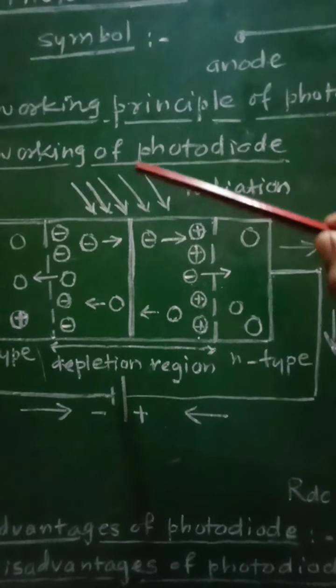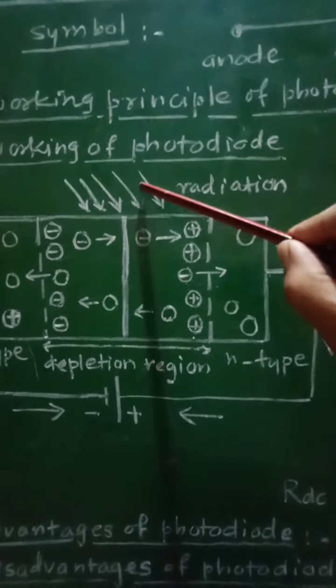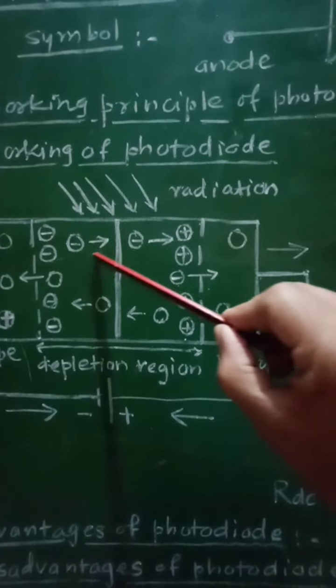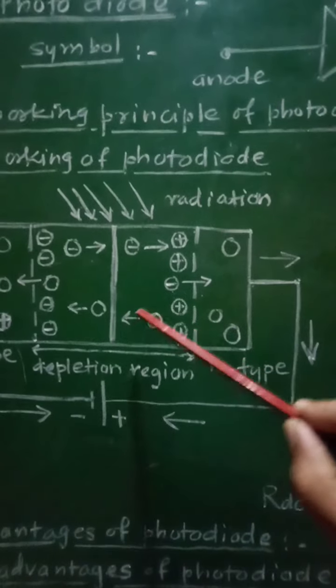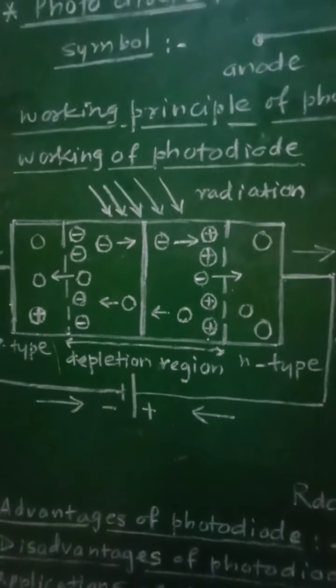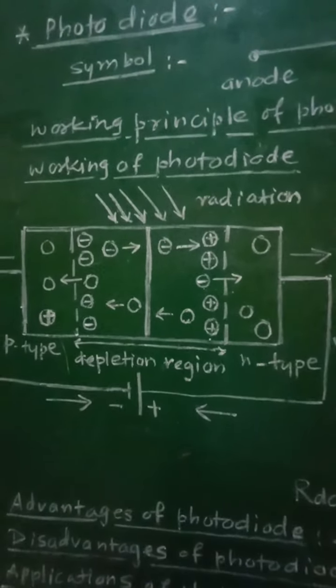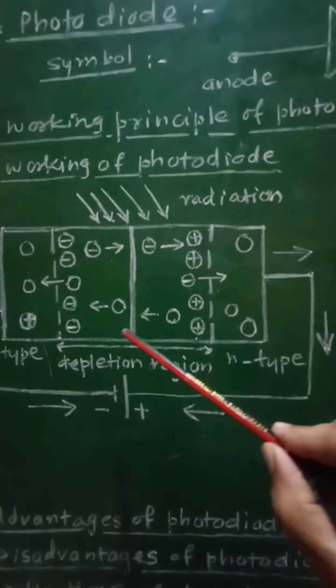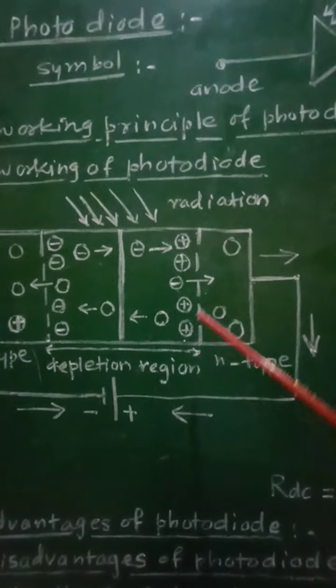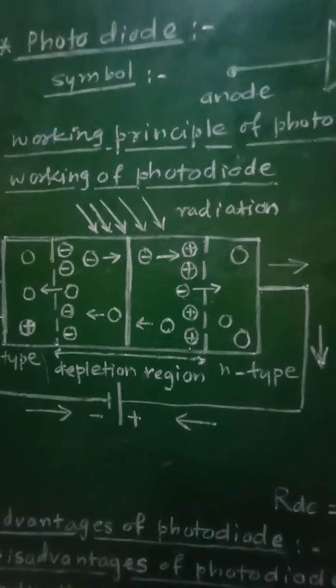And therefore now when light is allowed to be incident on this depletion region, at that time due to the motion of the minority charge carriers, a small current will be set up in the diode circuit.